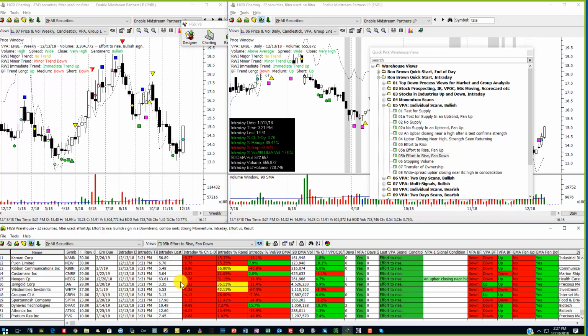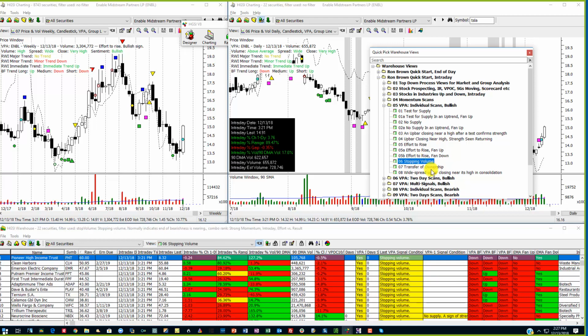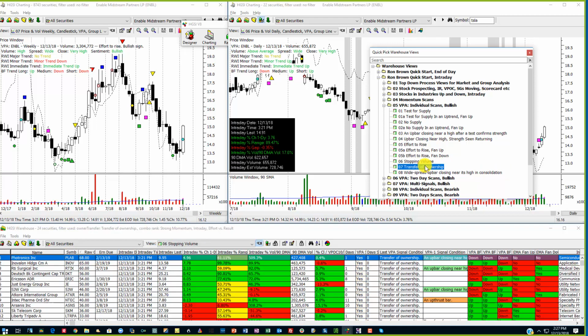Most of them are down, but it's worth taking a look at. You can see that I've put some experimental stuff in here, and I just kind of like the concept. Okay, stopping volume. These stocks all had stopping volume yesterday. 22 of them is what I'm showing.